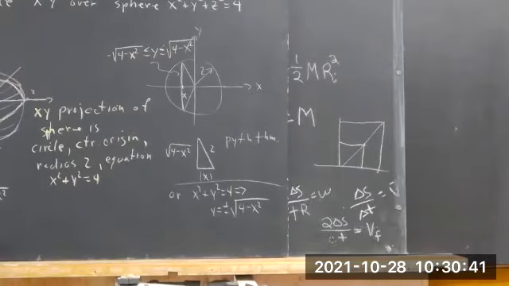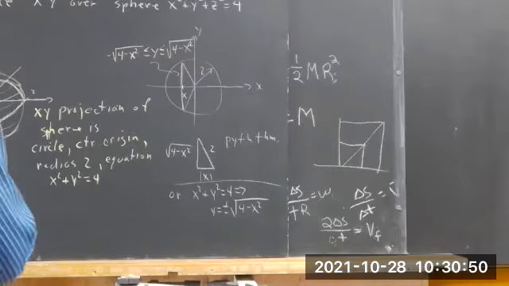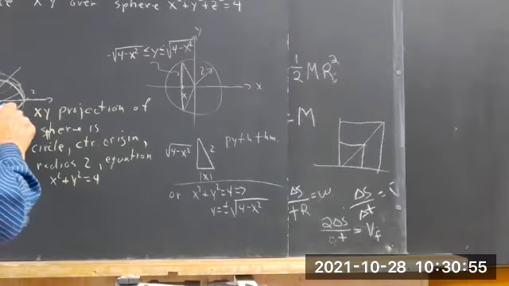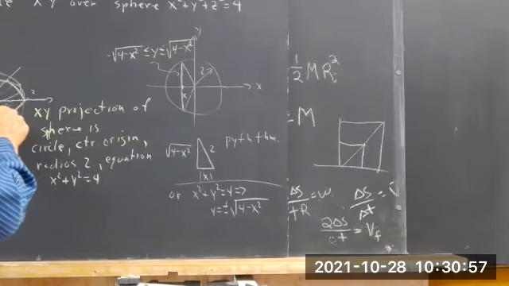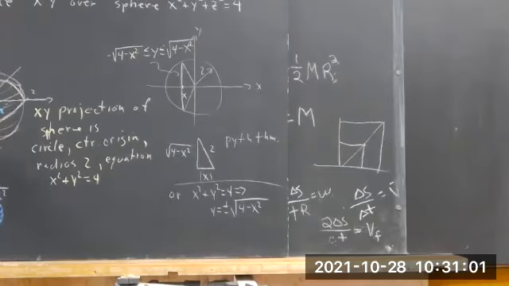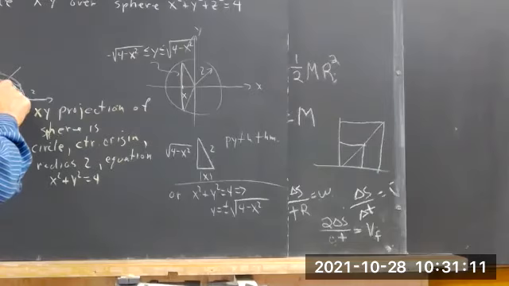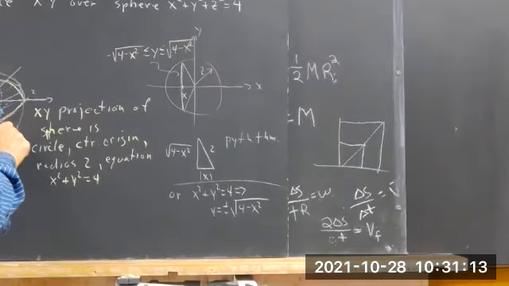And then what about z? Well, for a given x, y, let's say you have a point here. Okay, this is the point (x, y, 0). How far do we have to go to get up to the sphere, or down to the sphere?